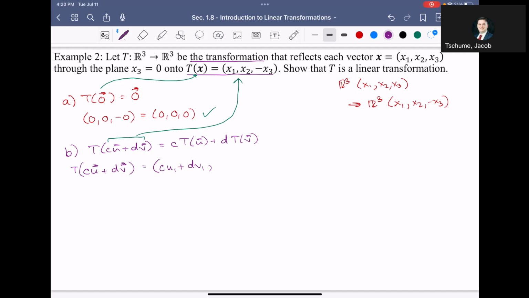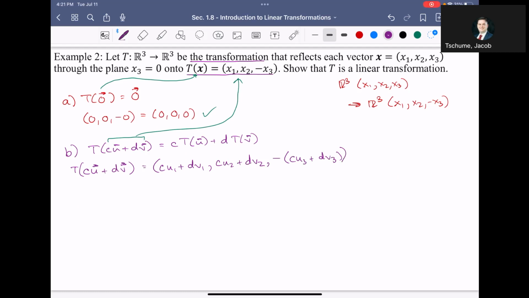So instead of just using the x1, we're replacing the u and the v both with our subscript ones. Same thing for x2: cu2 plus dv2. And then where it changes is that you bring the negative down with x3, and this will be cu3 plus dv3.